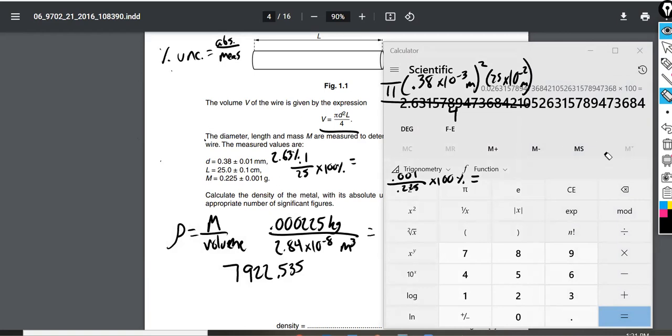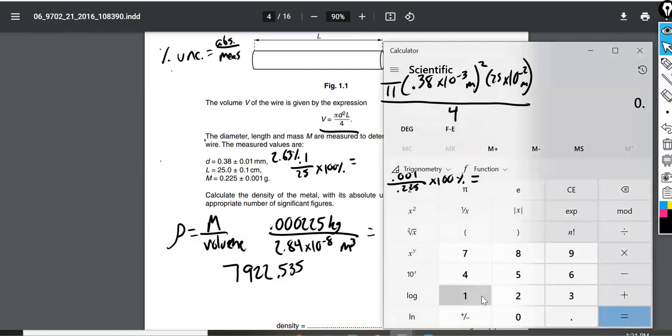The next one was the length L. So that's going to be 0.1 divided by 25 times 100, add a percent sign, 0.4%.